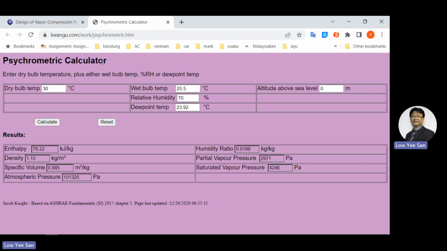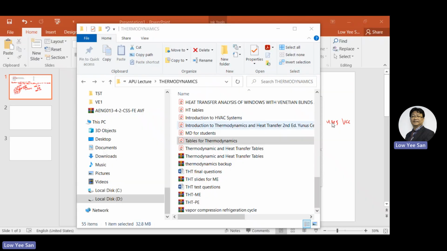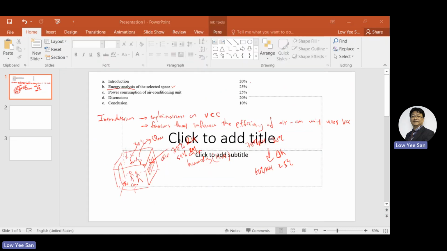You just mention that in your report, just go to the website. For your convenience, I accept this one. You don't need to go to the psychrometric chart to get it. It's a bit difficult. So you just go to the website I share with you.